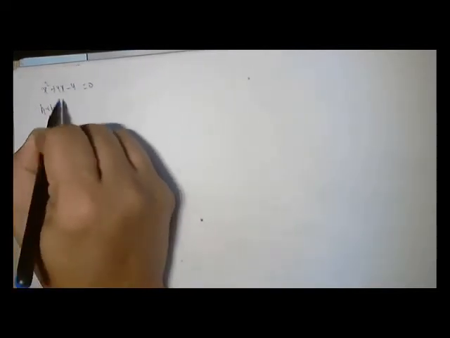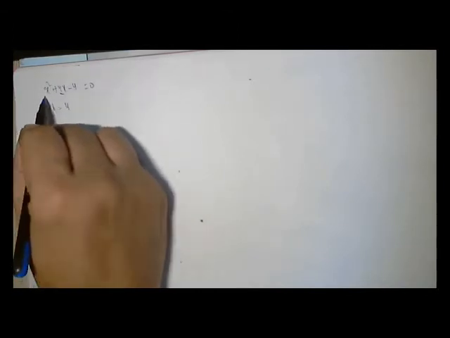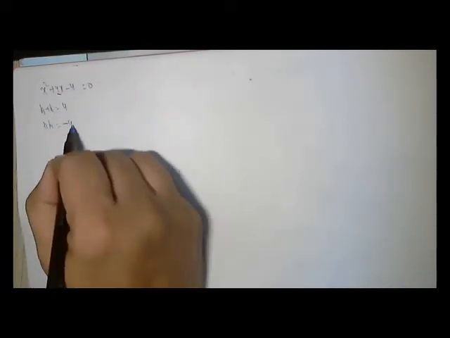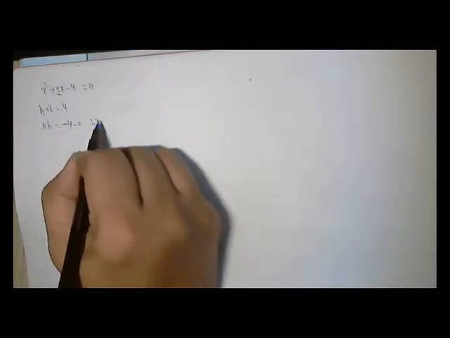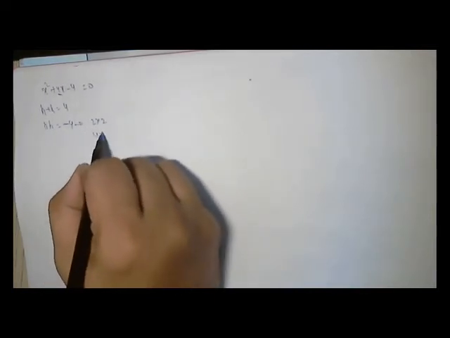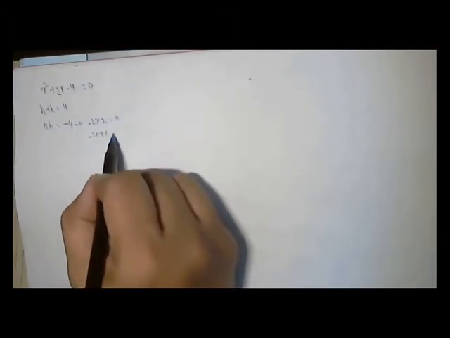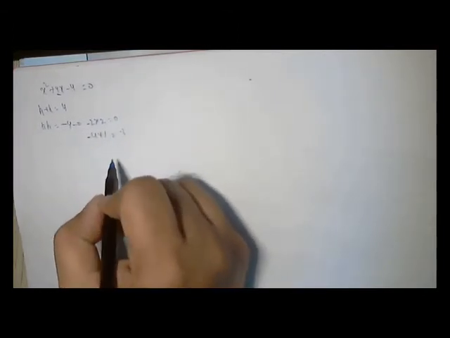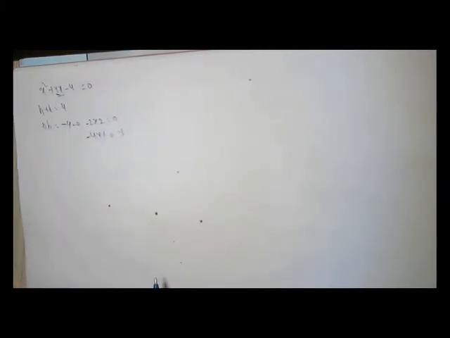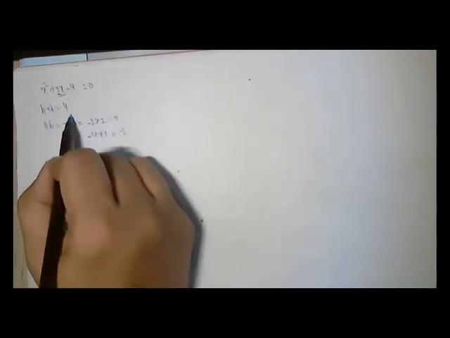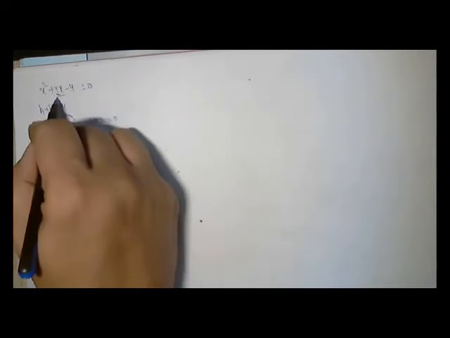So I want b1 plus b2 equal to 4, because the sum should be the same as the coefficient of x, and b1 b2 is equal to a into c, 1 into minus 4, which is minus 4. So what are the factors of minus 4? Either minus 2 into 2 or minus 4 into 1. When I add these, this is 0, and this is minus 3. So I am not getting plus 4. If I see all combinations of minus 4, I am not getting plus 4.